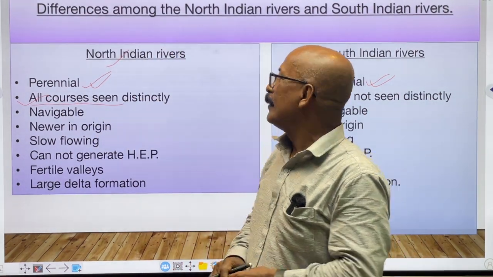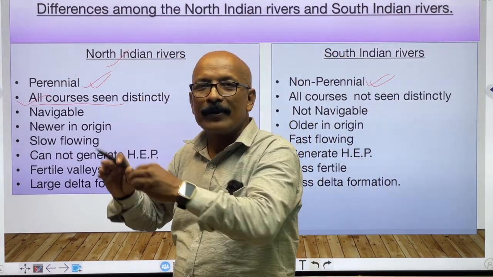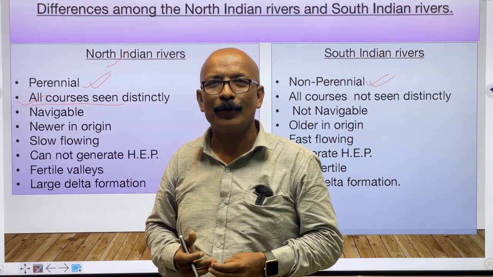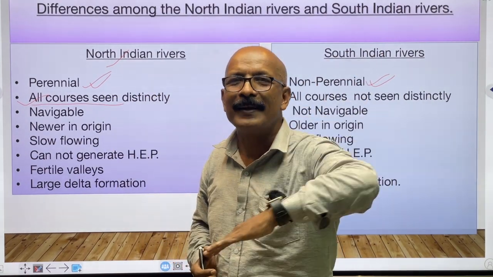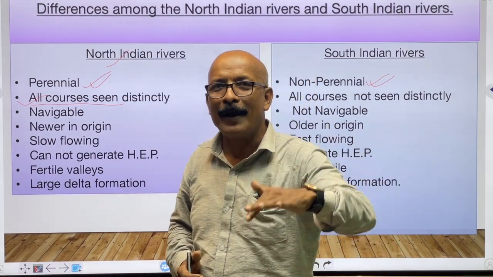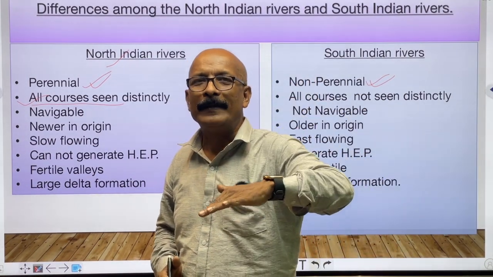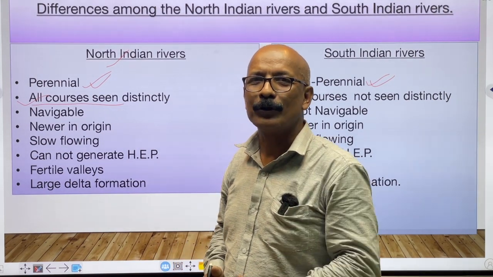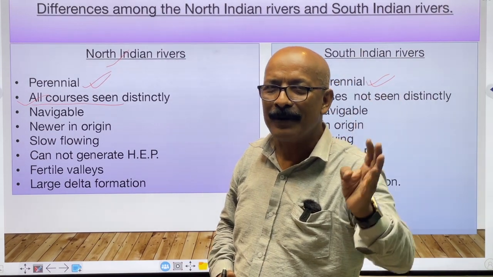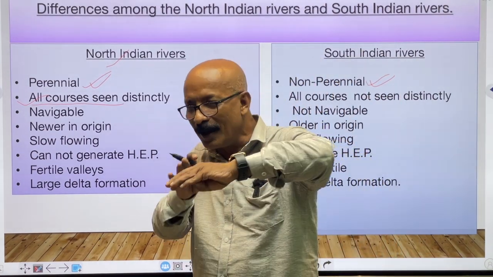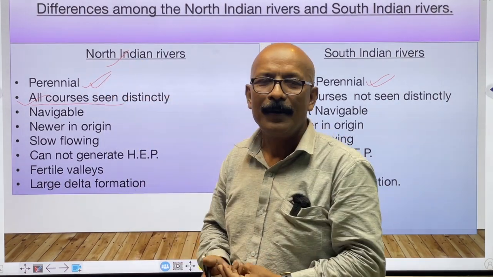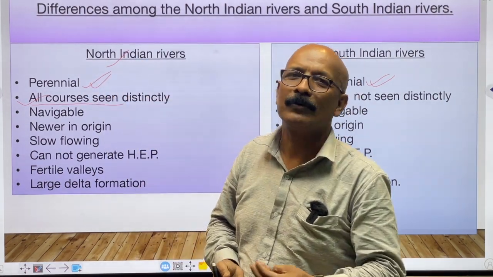Because the source is very gigantic, and the gradient, or the slope, is very gentle. So when a river flows through a gentle slope, it shows all the stages: the initial stage in the mountain, the mature stage on the plain, and the old stage towards the mouth of the ocean or sea.